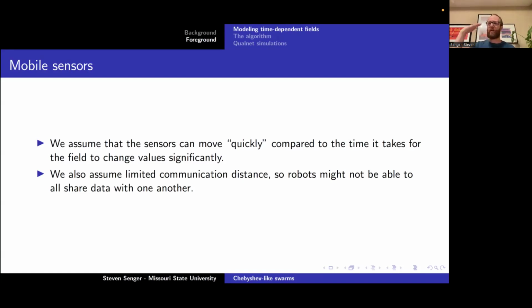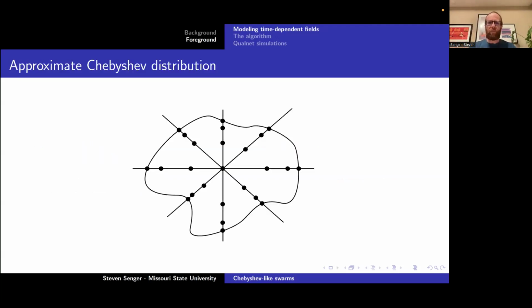It can't be sitting there doing trigonometry and waiting for a Raspberry Pi to crunch through a system of 1,000 equations and figure out the best path forward. It needs to be quick. It needs to be a simple algorithm. So assuming that we don't have good communication is a bad thing, but it also can simplify the algorithm.